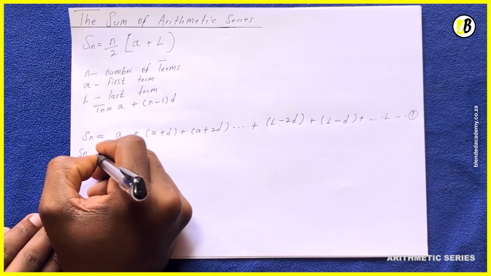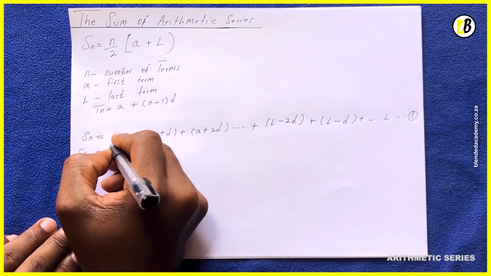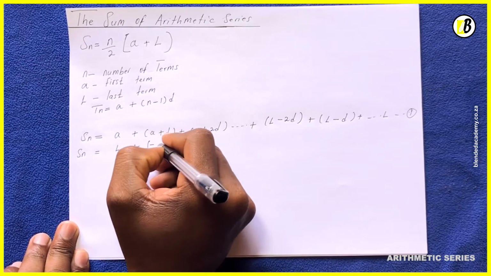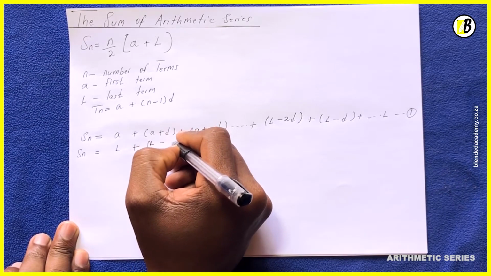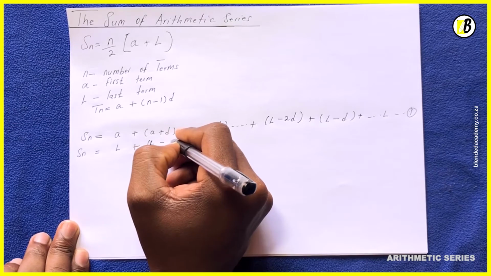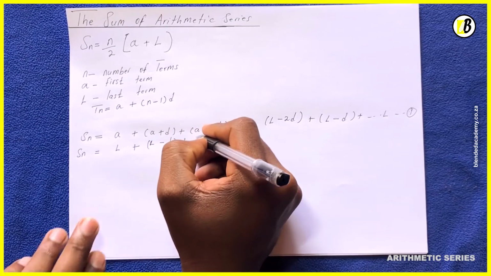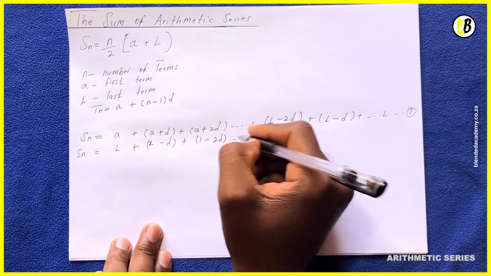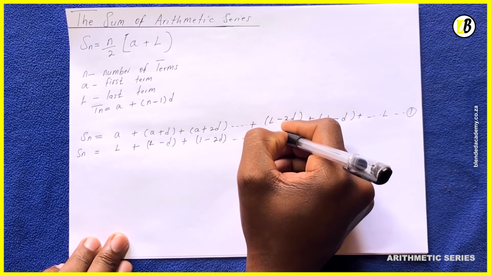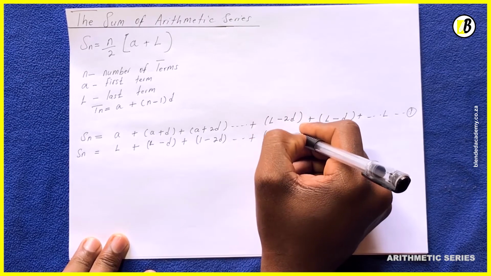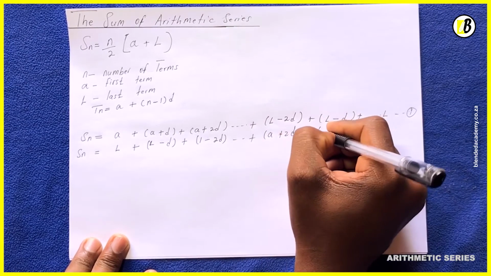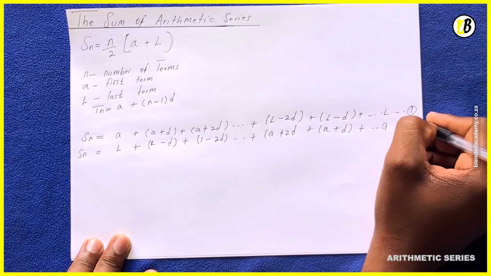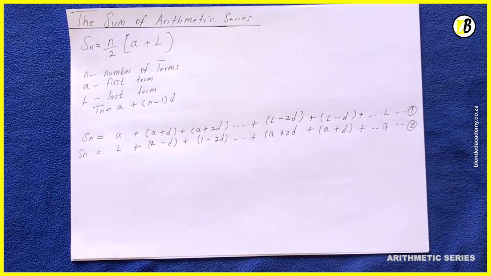Okay, we have Sn equivalent to L plus L minus D, sorry about that, plus L minus 2D, close brackets, plus A plus 2D plus A plus D plus A. This is our equation 2, right?